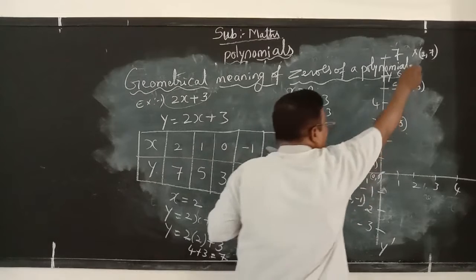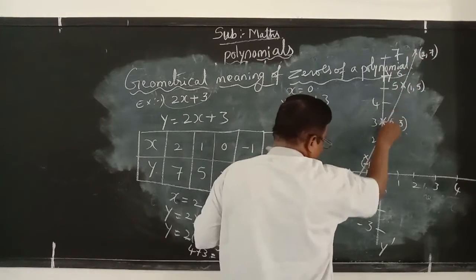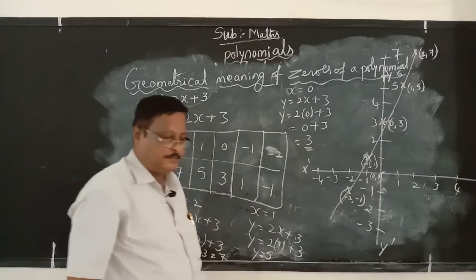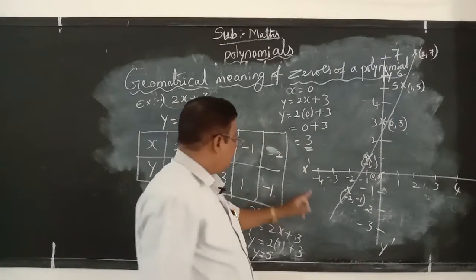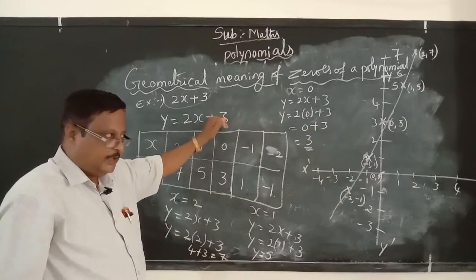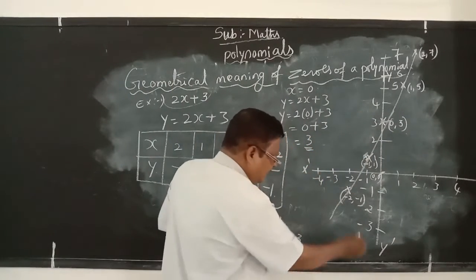You draw a line, a straight line. This is the straight line. This y is equal to 2x plus 3 is a straight line. It means where the straight line intersects the x axis.